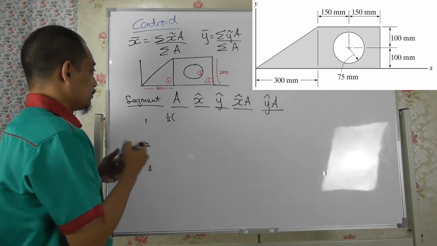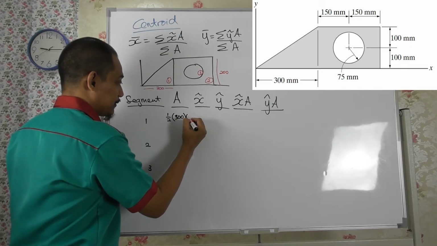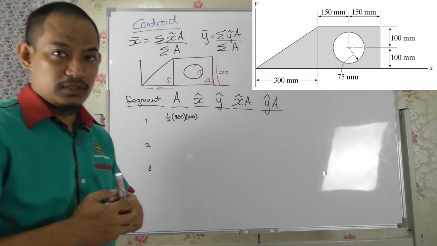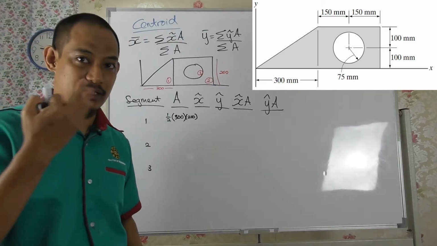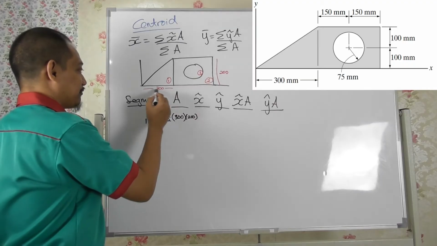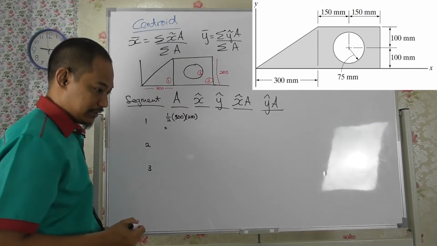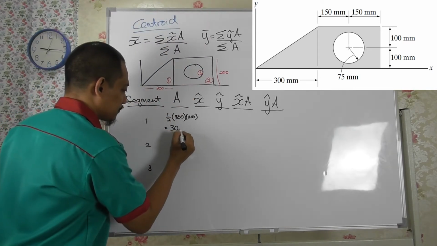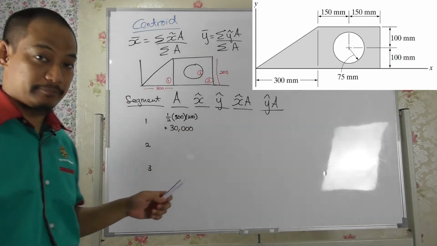So this is 300 multiplied by 200. Hopefully you can follow as I verbally mention. This is basically just the area of the triangle: half times 300 times 200, and you should get 30,000 millimeter square.